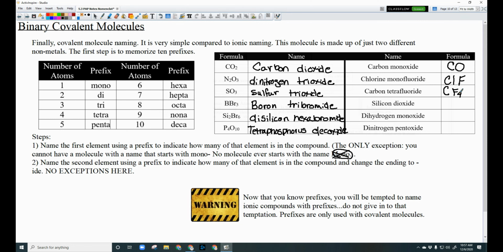Silicon dioxide, dioxide is 2, so SiO2. Dihydrogen, okay, so di 2 hydrogen, so it's H2. Monoxide, see, there's mono and oxygen, 2 vowels together. One is usually dropped to monoxide.